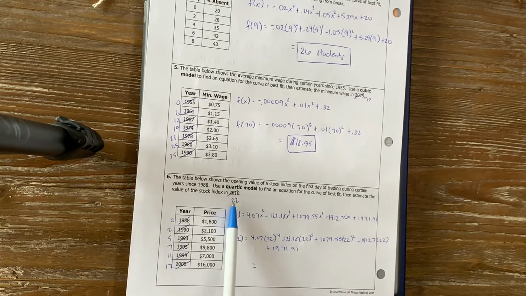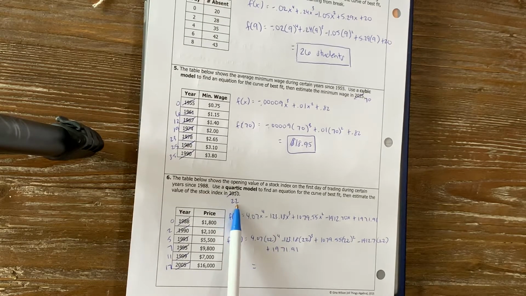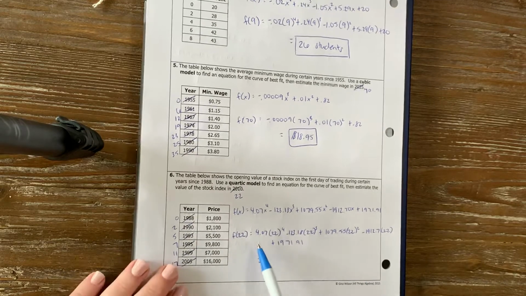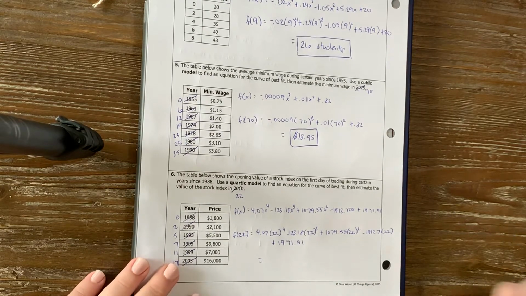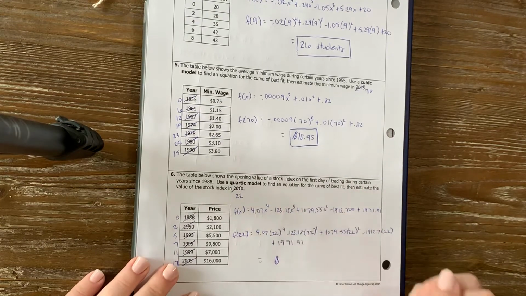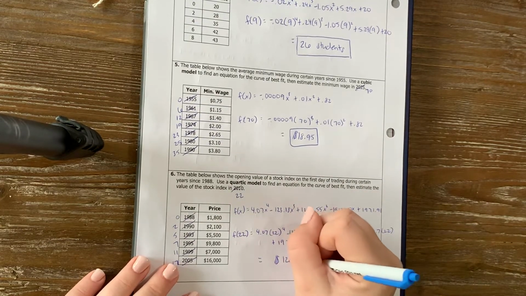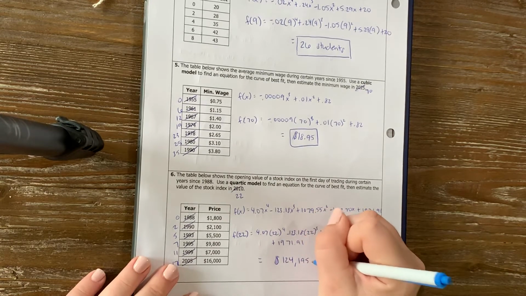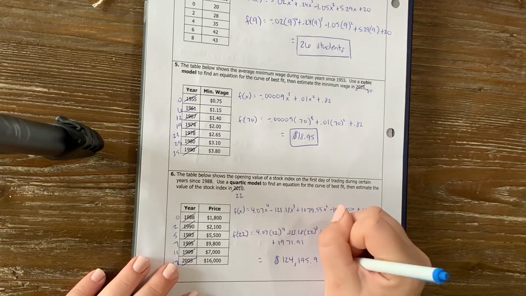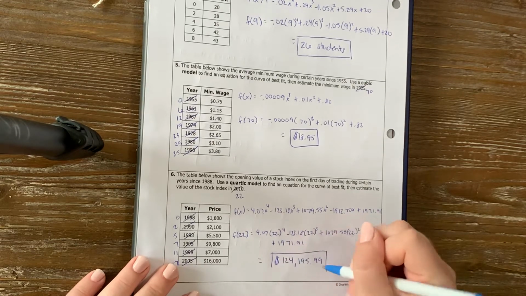Okay, then 2010 is 22 years from 88. So plug 22 in for the x values and solve, and you're going to end up getting $124,195.99 as your answer.